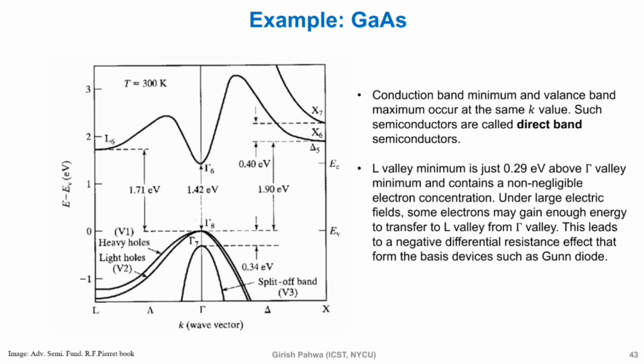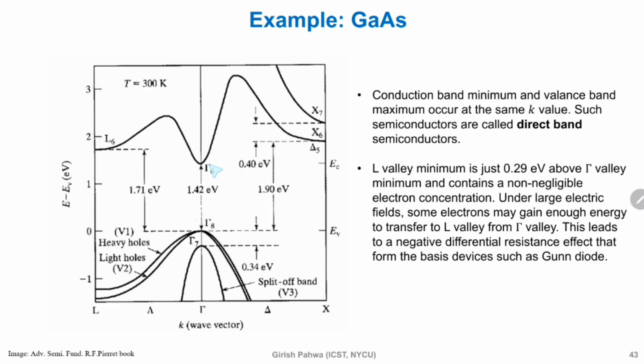In addition to this gamma 6 point, which is the conduction band minimum, there is another L valley minimum which is just 0.29 electron volt above the gamma valley minimum. So this is 1.71, this is 1.42.